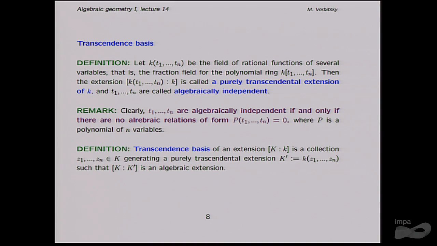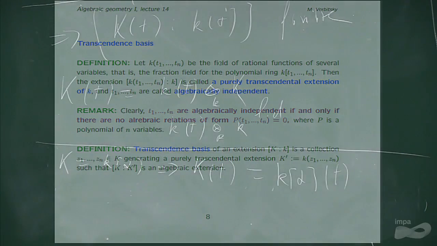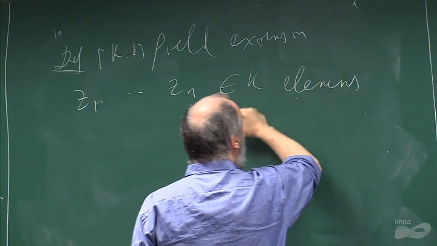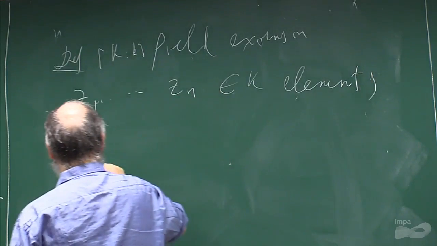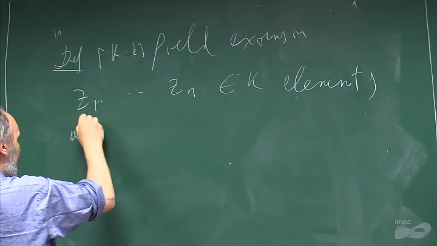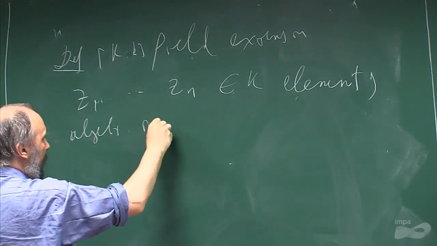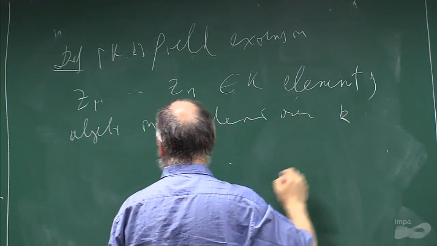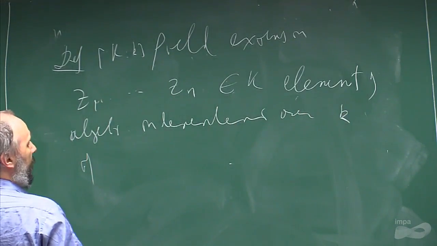So the definition: if you have a k big over k small extension, you have z1 dot dot dot zn inside k big elements. You say that they are algebraically independent over k small if there are no algebraic relations between them.